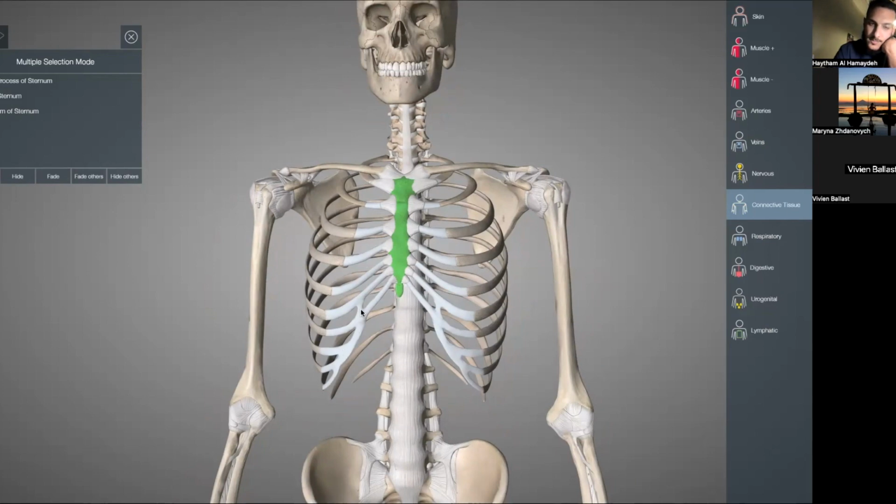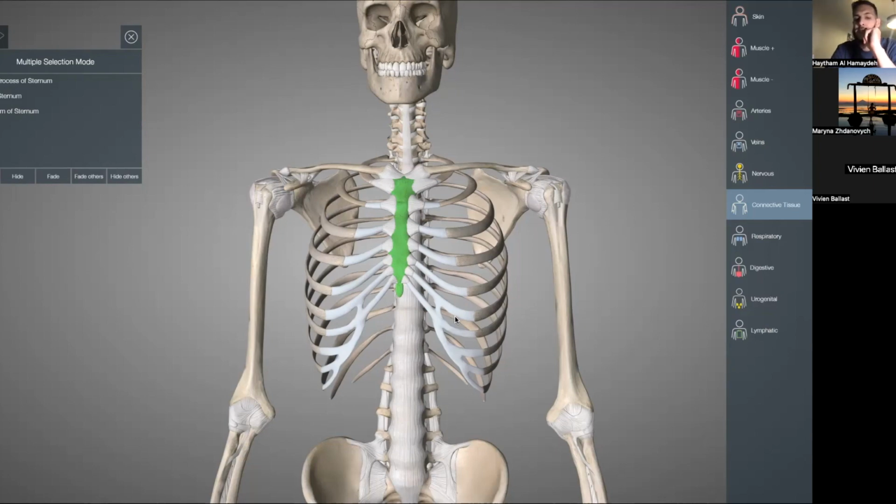They articulate with the rib above through costal cartilage. And floating ribs articulate only posteriorly, with no articulation anteriorly.